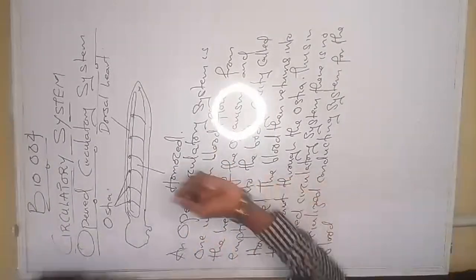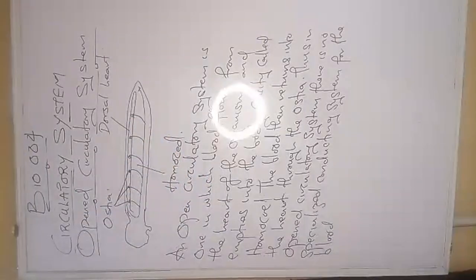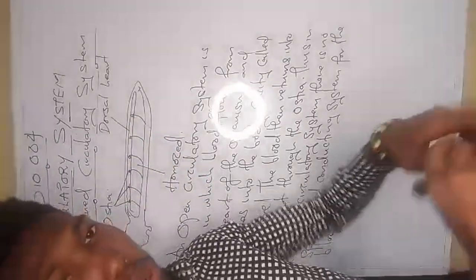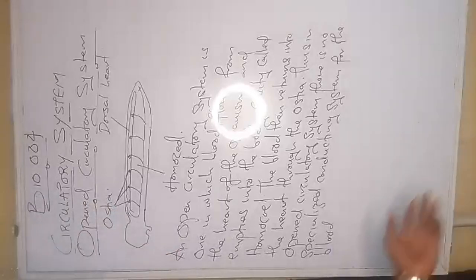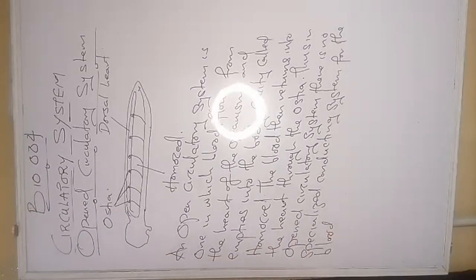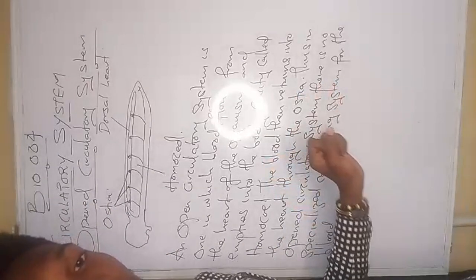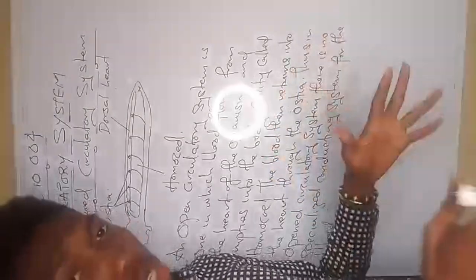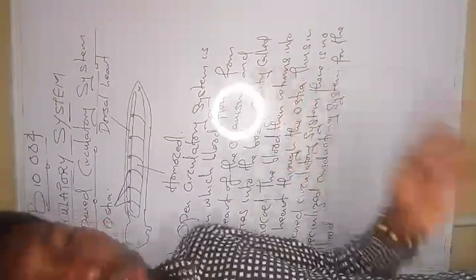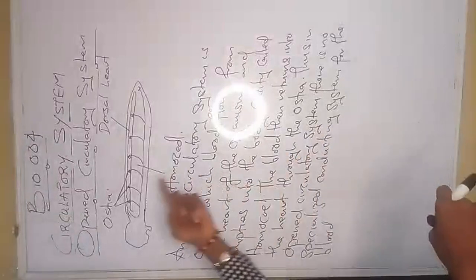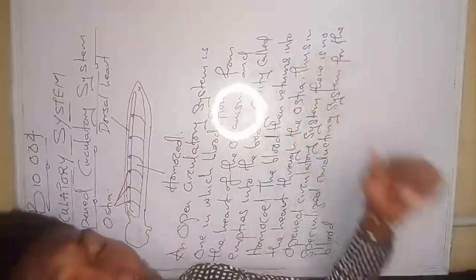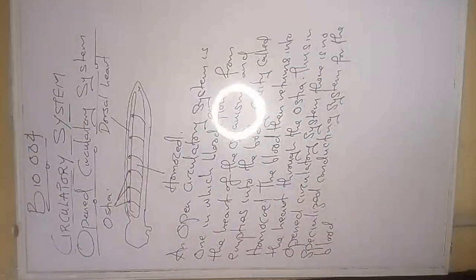And that's why the blood just pours into the body of the organism. The body will just absorb the nutrients it needs, and when it has finished absorbing, the blood returns back to the heart through the ostia. So that's that for your open circulatory system.